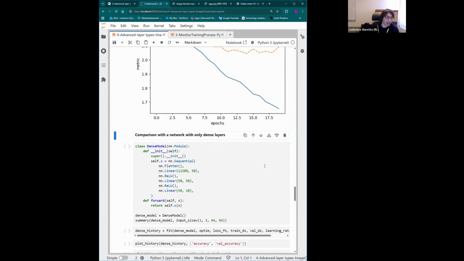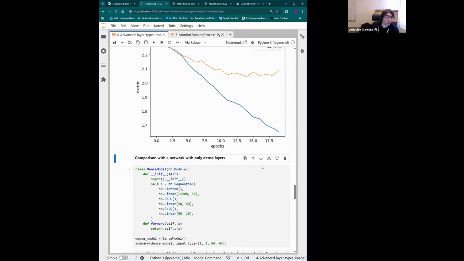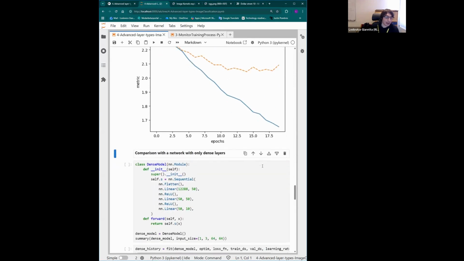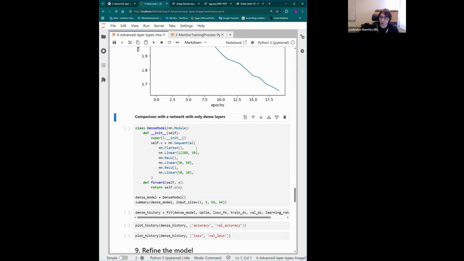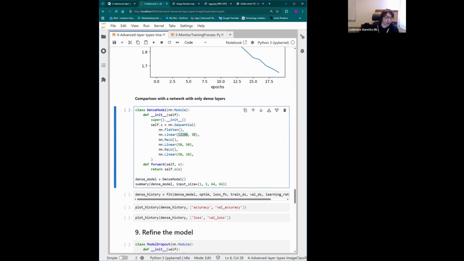One thing that we can quickly do is compare this with what a dense model would do. So without using convolutions, if we were to train a model on this image in the naive way of just connecting neurons to every input feature. So we have 12,288 features. As we did before, we go into 50 neurons, then 50 into 50 again, and then 50 into 10.